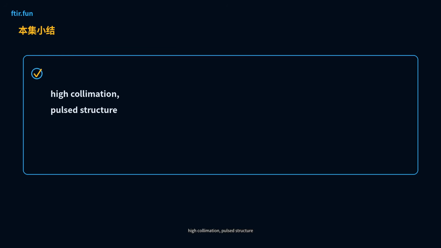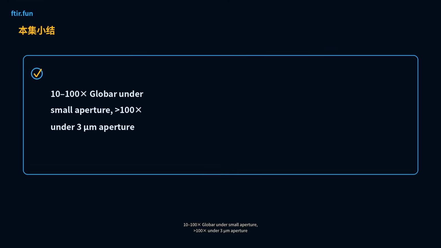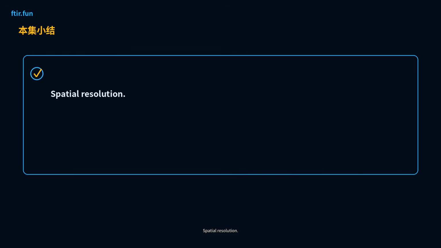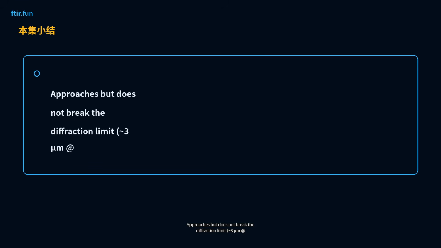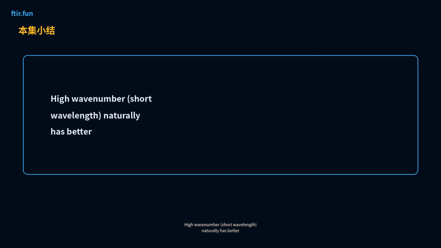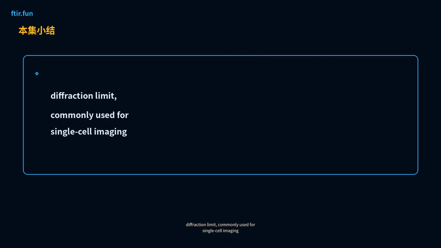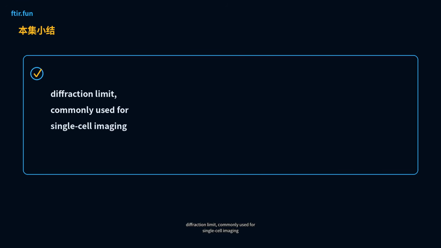High collimation boosts SNR improvement, 100 times Globar under a small aperture, 100 times under a 3 micrometer aperture. Spatial resolution approaches but does not break the diffraction limit, 3 micrometers at 3,000 cm⁻¹, 10 micrometers at 1,000 cm⁻¹. High wavenumber advantage: short wavelengths naturally have better diffraction limits, commonly used for single-cell imaging.